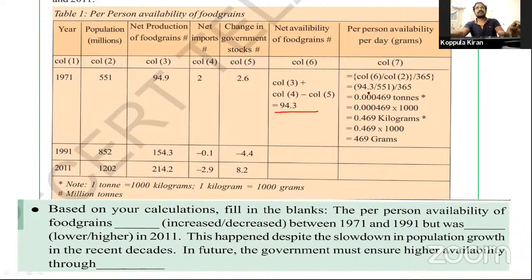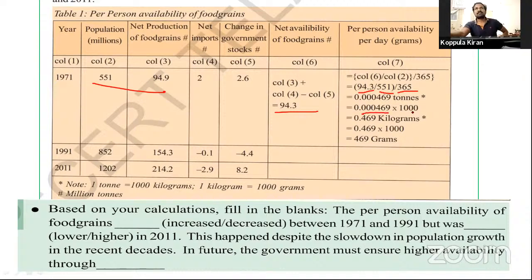This is the total population, divided by 365 days. It is calculated totally as 469 tons. Same, that is tons converted into kilograms by multiplying by 1000.